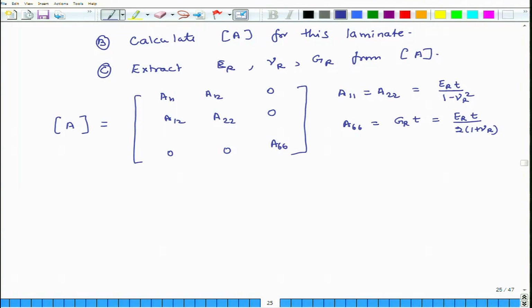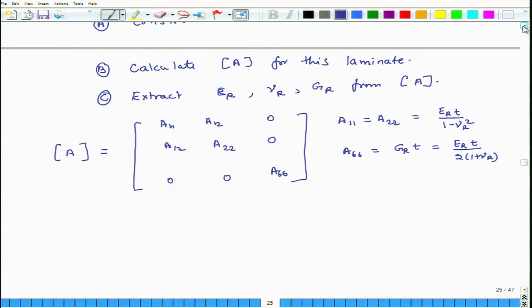I make one simplifying assumption here also, just to make the mathematics simple: we assume that the overall thickness of the randomly oriented composite is 1.